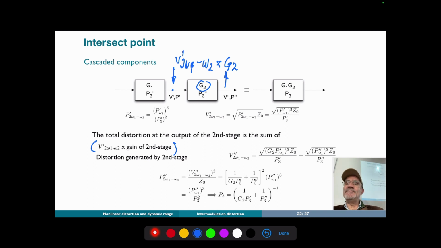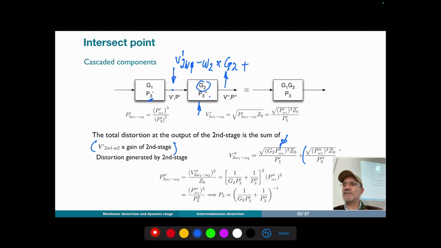But then the second amplifier also generates some distortion. And so we have to add an additional term, which is the result of the distortion introduced by the second amplifier, which is shown here. And so we have two terms. The first one is associated with the distortion of the first amplifier, P3 dash, multiplied by the gain of the second.